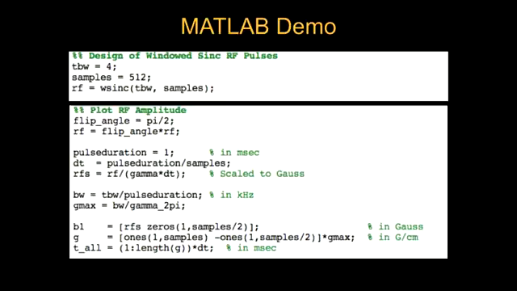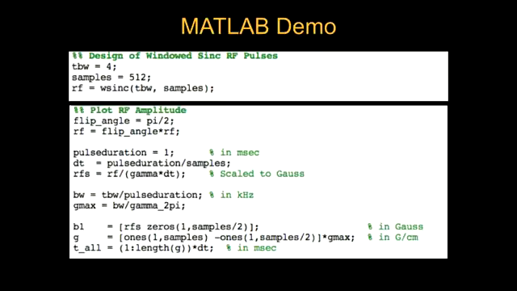So you can take a look at this script, but as I said, the number one criterion that you have to determine is what? Time bandwidth product. So you have to determine what the TBW is in this situation. I'm just putting 4. And the number of samples, it's digital, everything is an array, so you have to determine the number of samples.